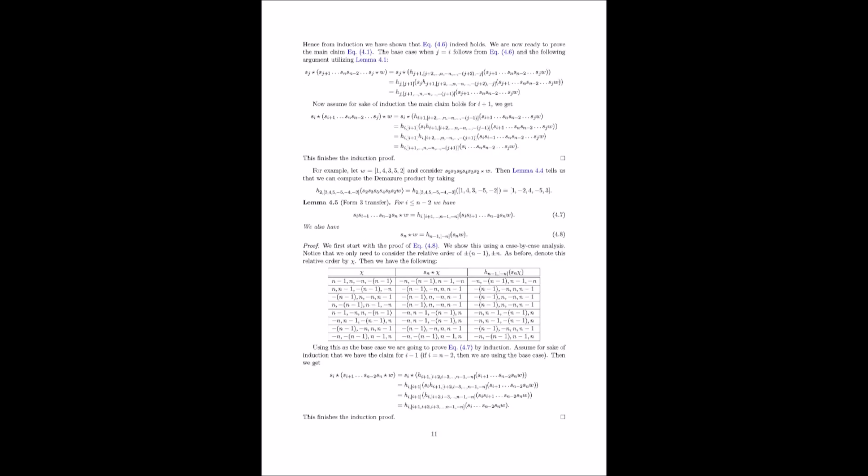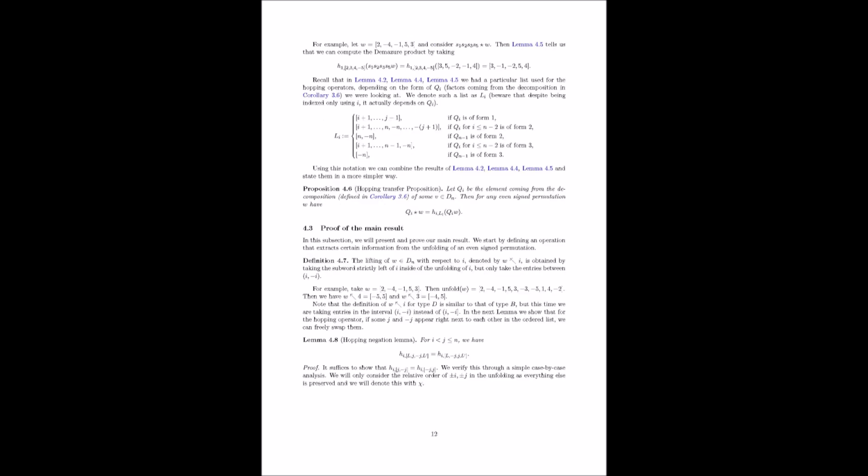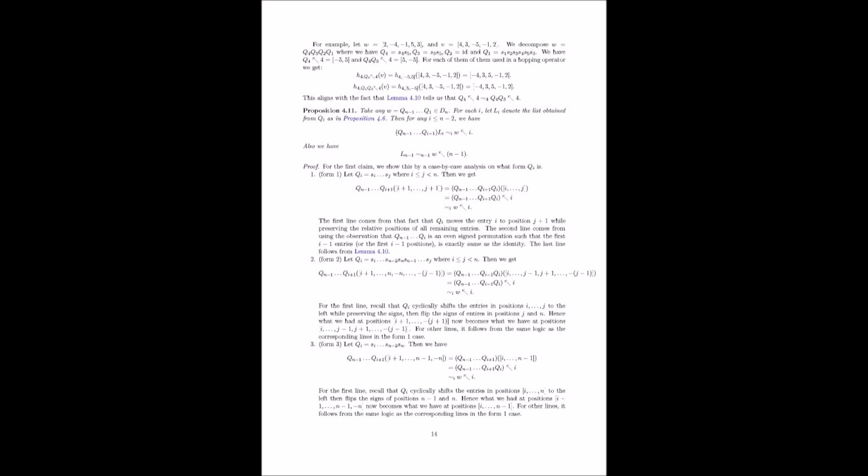Exactly. And this difference plays a crucial role in why unfolding doesn't translate directly from type B to type D. The authors highlight this with a remark, pointing out that the way we measure the complexity of permutations using something called length is not always preserved when we unfold even signed permutations. So this neat trick of unfolding, which helped us move from type B to type A, breaks down when we try to apply it to type D. Precisely.